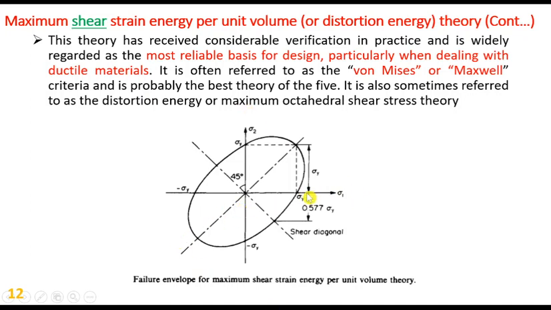You have to mark the value of yield stress on this axis, yield stress on this axis, this point, and similarly this. So this will be the major axis, and the minor axis will be at 45 degrees with this sigma 2, or at 90 degrees from this. So this is how this ellipse is drawn.